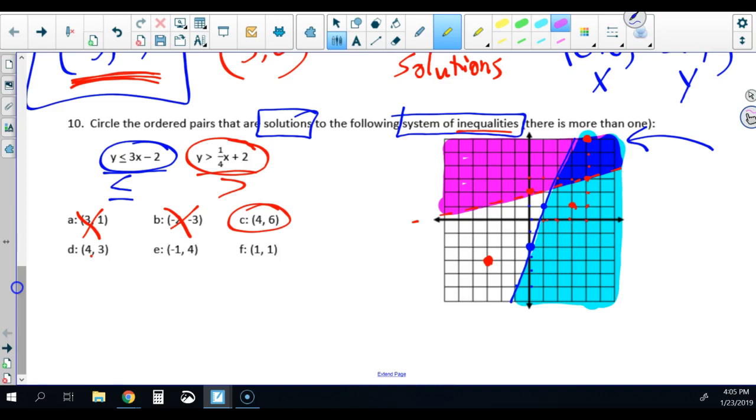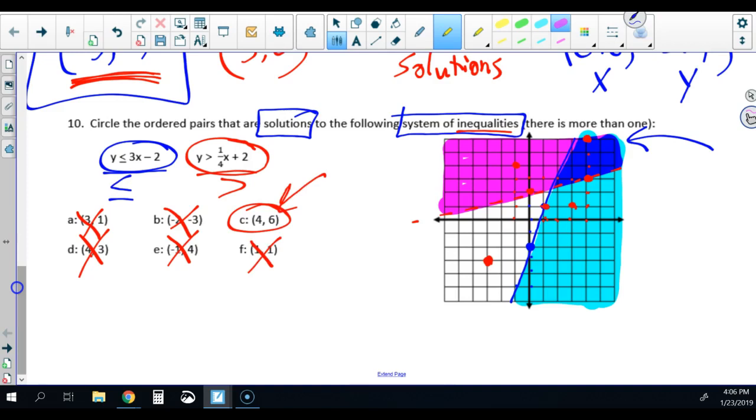That is on a dotted line. So, not a solution. -1, 4. Now, it's a solution to the purple one, but not to the blue one. Not a solution. 1, 1 is right there. Not a solution. So there is only one ordered pair, which is 4, 6.